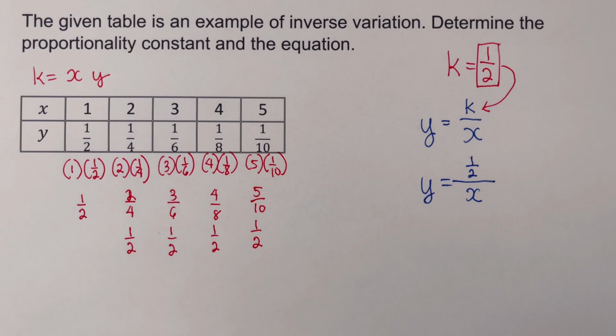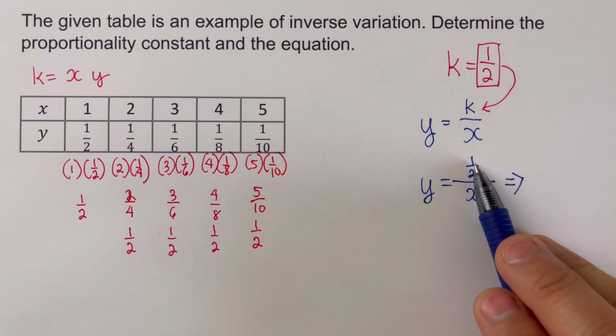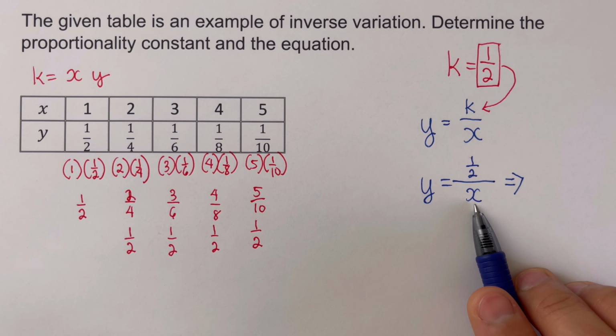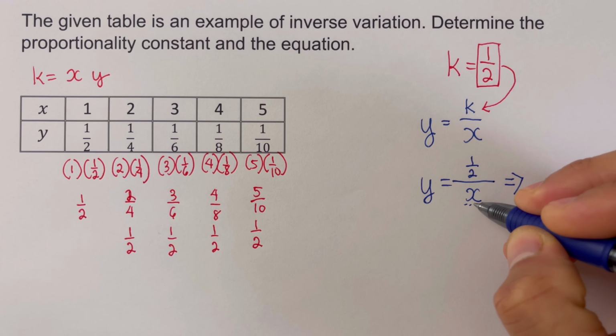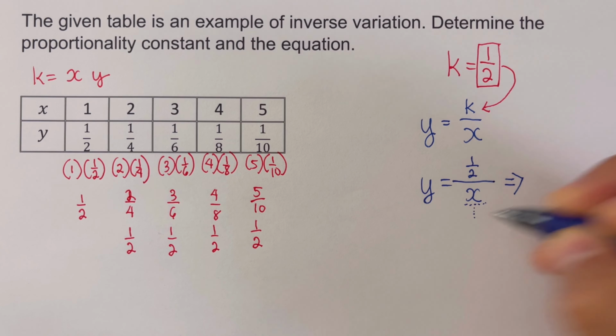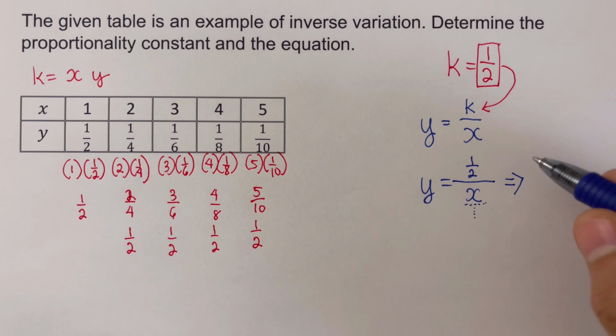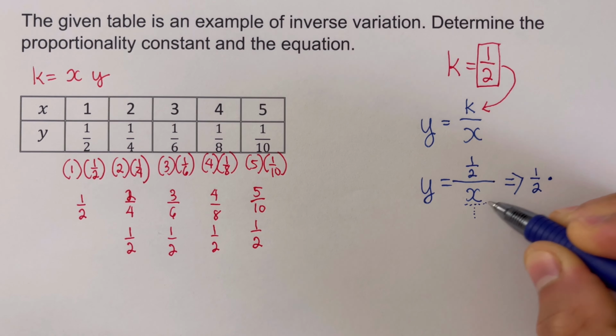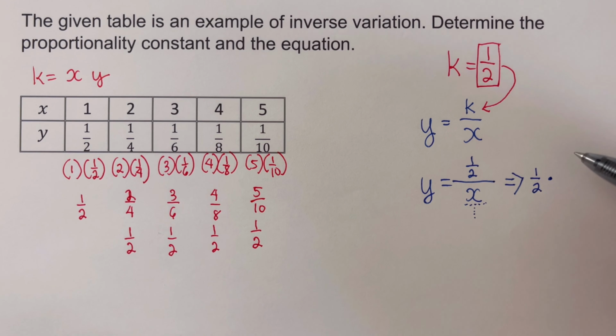Since this is a complex fraction, we can go ahead and simplify this further. We are supposed to get the reciprocal of the denominator, which is 1 over x. Because again, remember, there is an invisible denominator of 1, and we multiply it. So this would be equal to 1/2 times, flip this or get the reciprocal of this, that would be 1 over x.